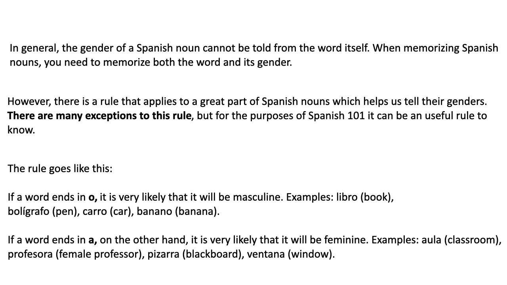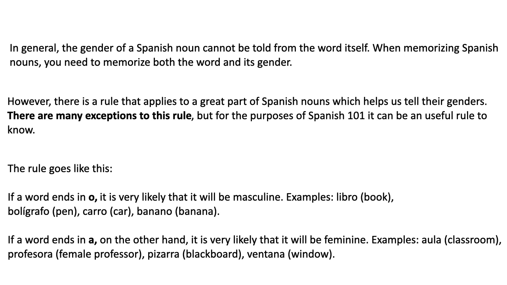They're always either masculine or feminine. How do you know? Well, you can apply a general rule and it will be true in most cases, right? If the word ends in O, you can say, okay, this is probably masculine. If it ends in A, you can say, okay, this is probably feminine.